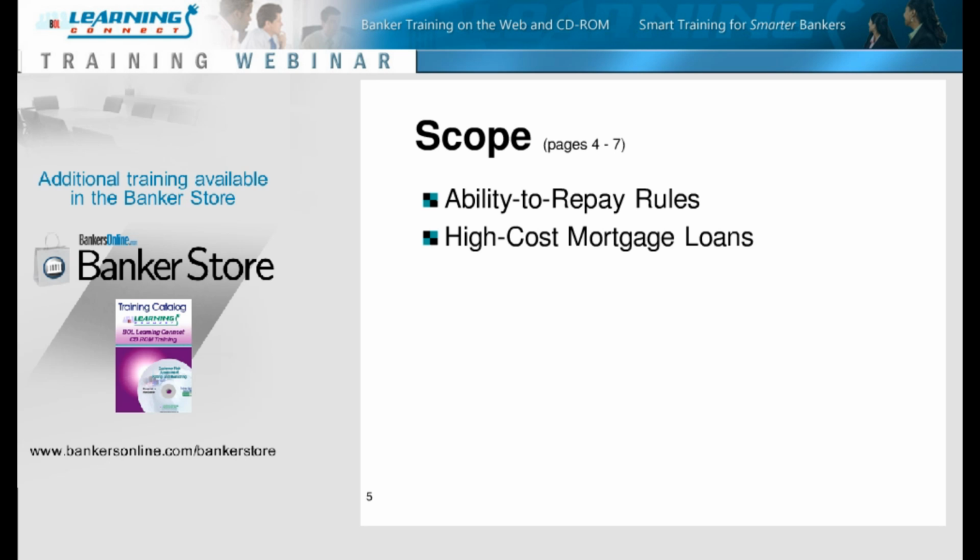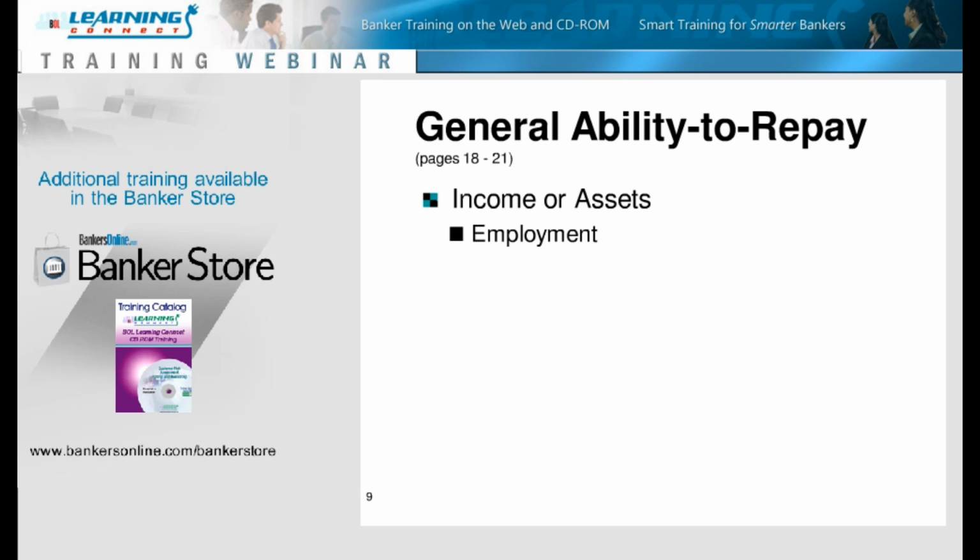The high-cost mortgage loans are ones that are consumer credit secured by a consumer's principal dwelling. There are 3 triggers for coverage. So you have your basic requirements, obviously, consumer credit transactions secured by the consumer's principal dwelling, and then they have to trip one of the 3 triggers that you're undoubtedly familiar with and that are shown on page 6.